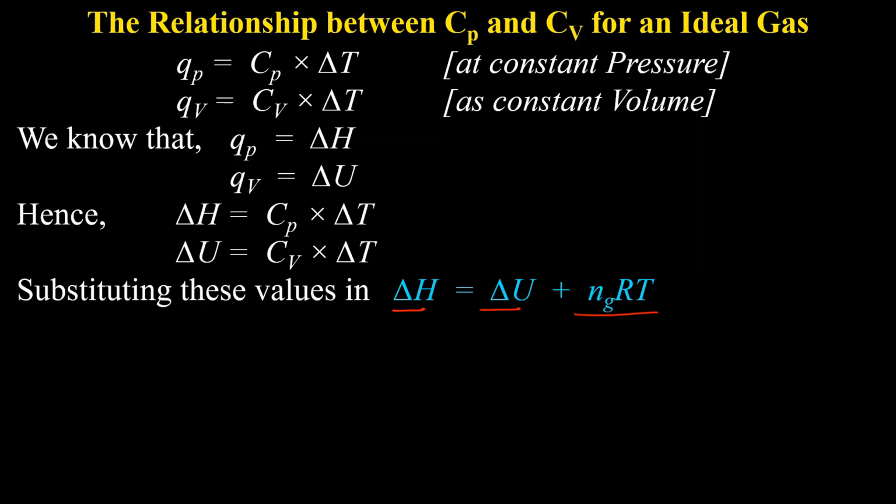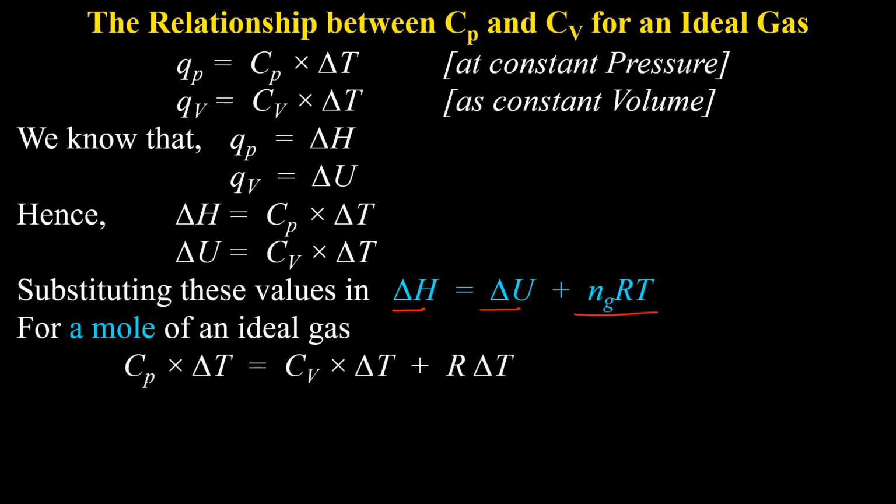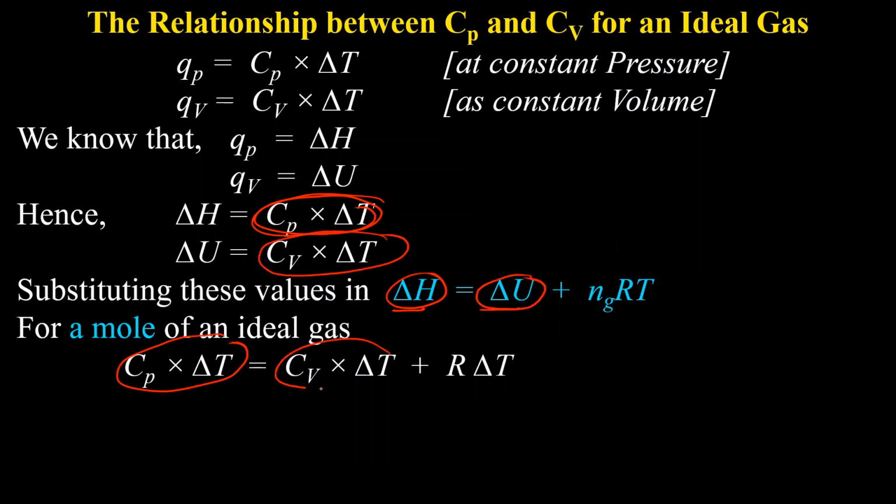We will substitute if it is for 1 mole. So if it is for 1 mole, we are substituting Ng as 1, number of gaseous moles 1. In that case, delta H will be Cp into delta T, delta U will be Cv into delta T, and Ng is 1, so we will have R delta T from here.